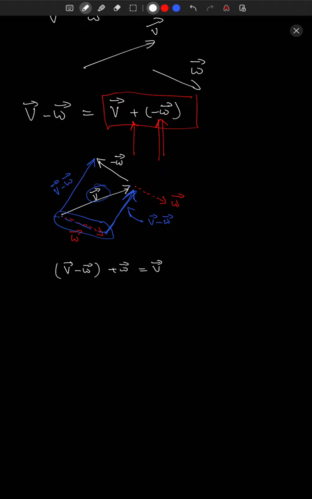Again, let me draw it by itself. We have v here. We draw w like this. V minus w is the vector that starts at the head of w and goes to the head of v, like that. All right. And again, the main point is that w plus v minus w, right?